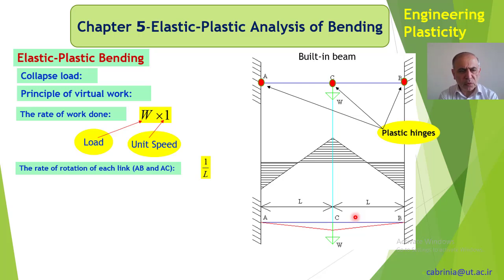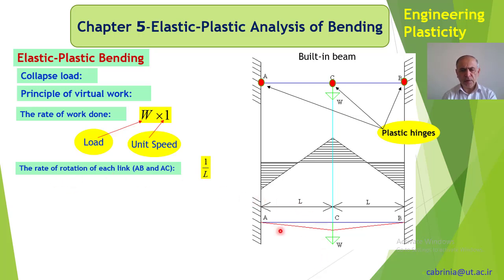Now, the rate of rotation of each link, these are the links AC and CB. If the lengths of each link AC and CB are equal to L, and C is moving 1 meter per second, then that link rotates at 1 over L. That's the rate of rotation.